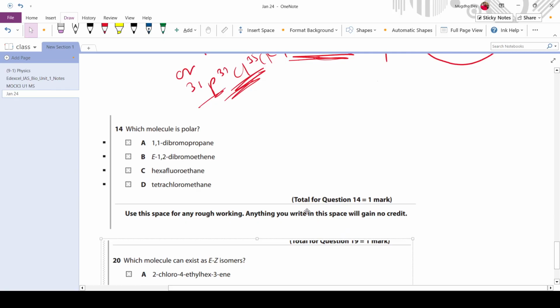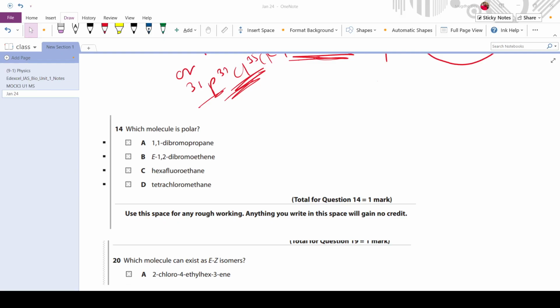Which molecule is polar? They said. Okay. How do we determine polarity? We basically determine polarity by checking the symmetry and asymmetry of a compound, isn't it? Because if it's symmetrical, then the dipoles are cancelled.